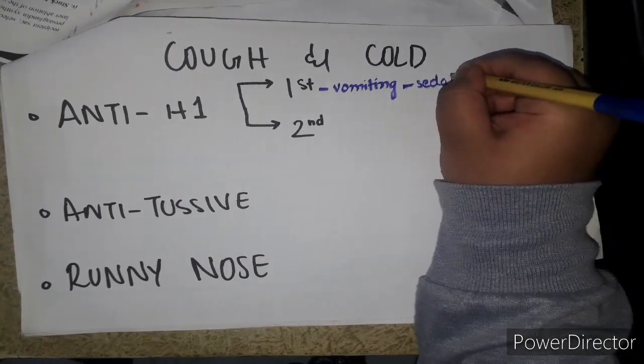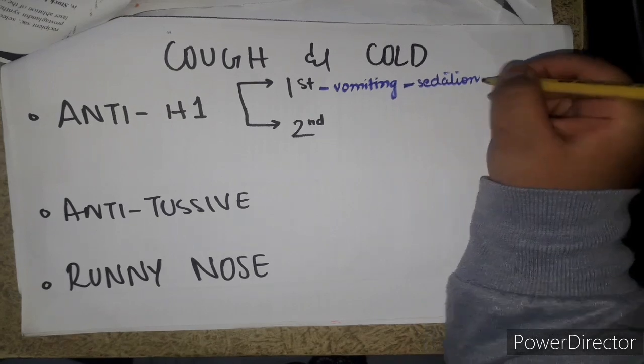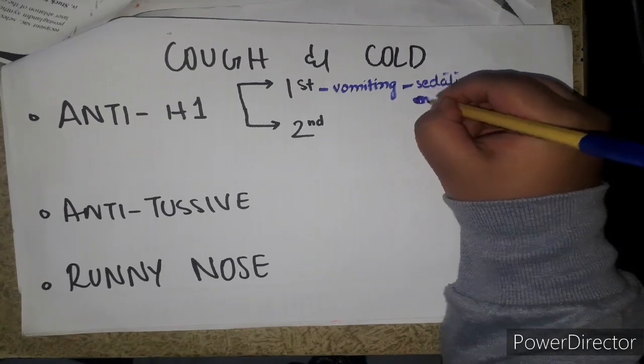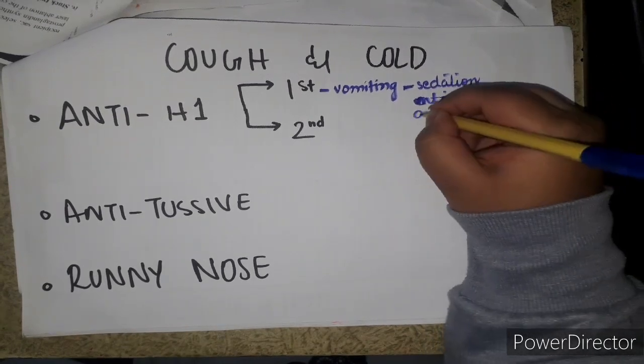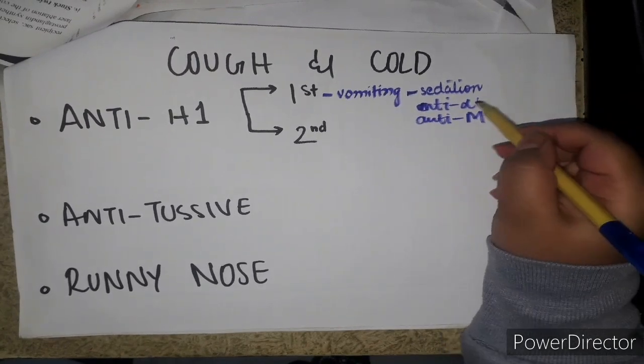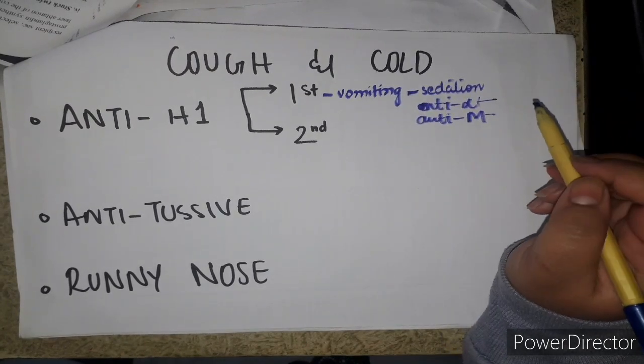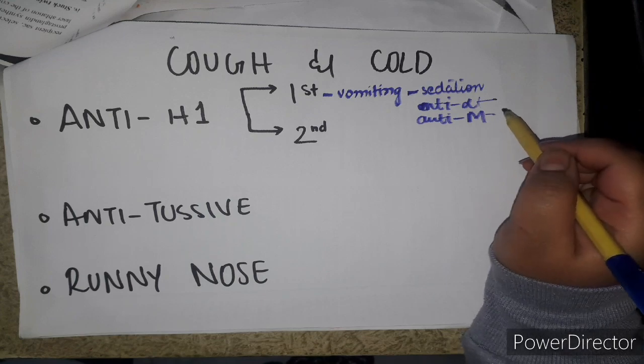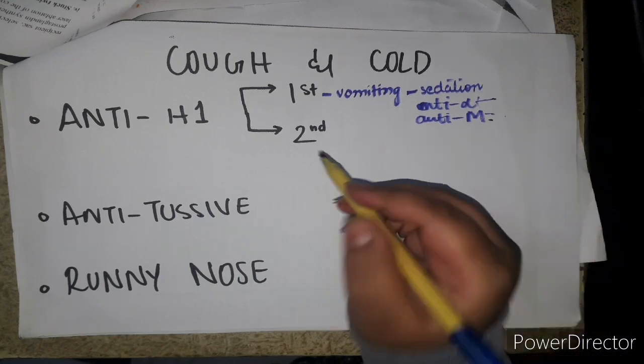They cause a lot of sedation, and they have a lot of anti-alpha and anti-muscarinic effects. That is why they are usually avoided. It can cause hypotension, constipation, urinary retention, and neurological disturbances as well in a person.